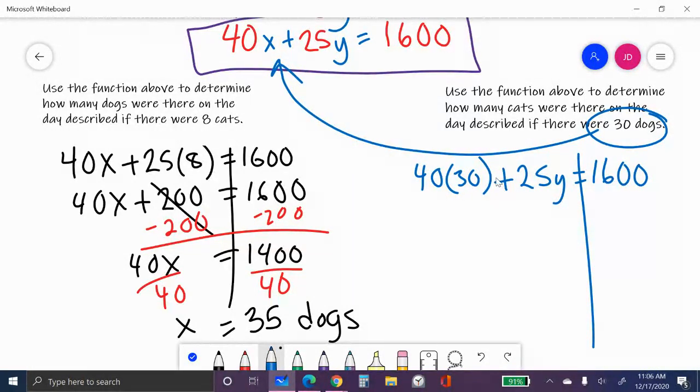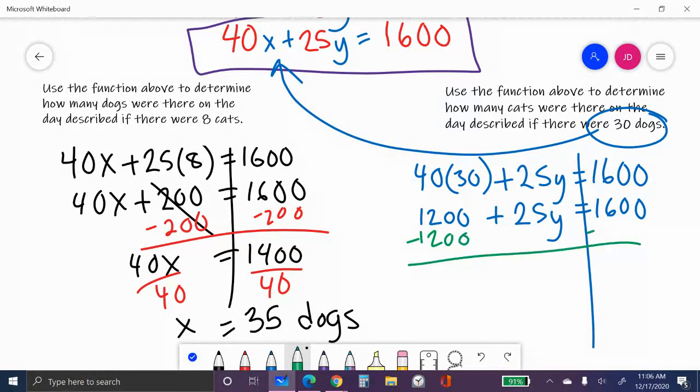Well, I know 4 times 3 is 12, so 40 times 30 is 1,200. Perform the inverse operations to both sides. Minus 1,200, minus 1,200. And we get 25y is 400.